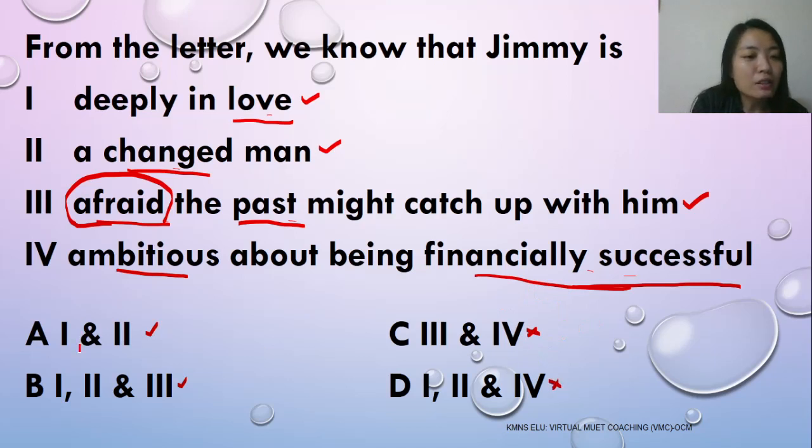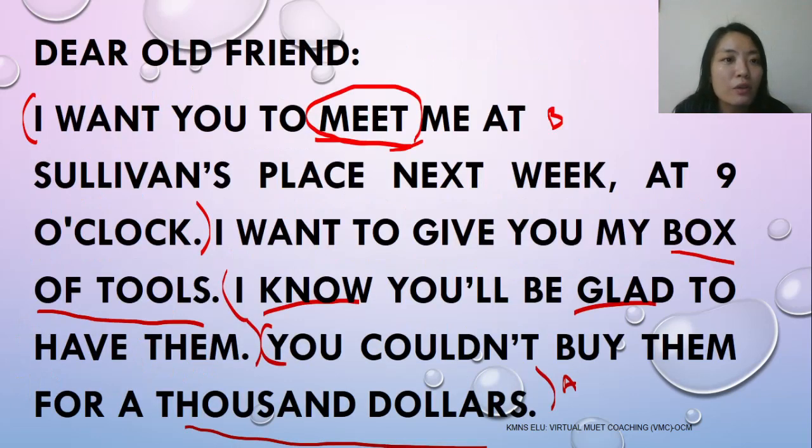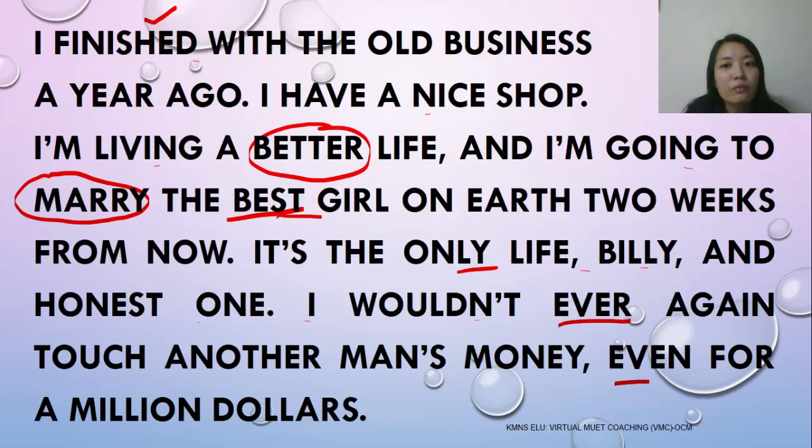So you're left with either deeply in love, changed man, or this answer. So you're not sure now. Now you have to check the keyword here. Is he really afraid or not? If it's not, then the answer is A. If he's afraid, then the answer is B. So looking back over here, let's look at this part.